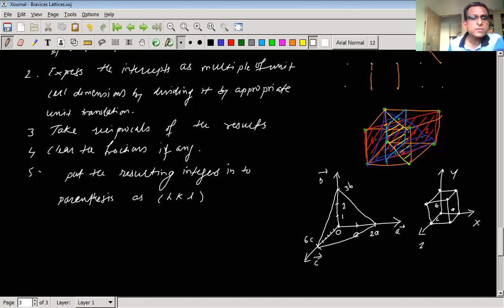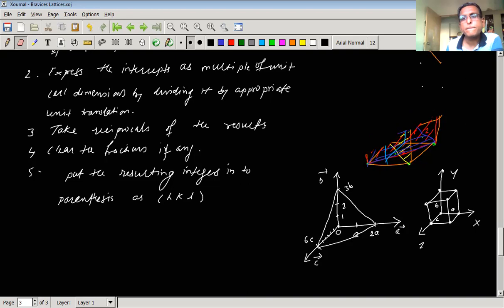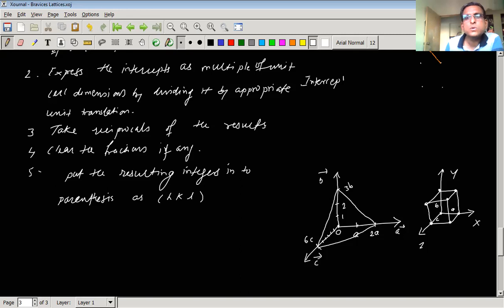So here, I will rub this now. So first is the coordinates, the intercepts.